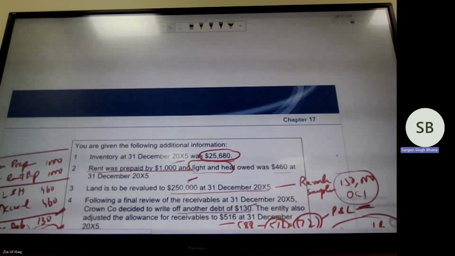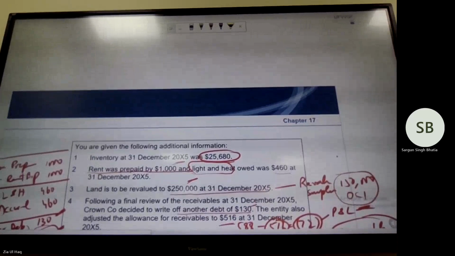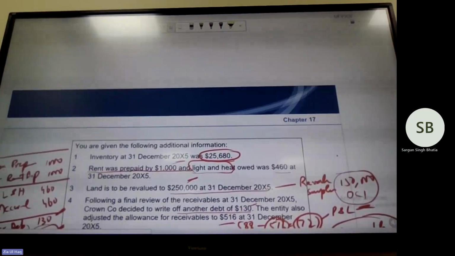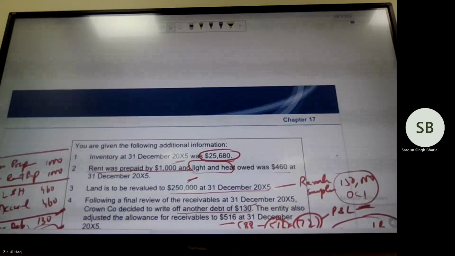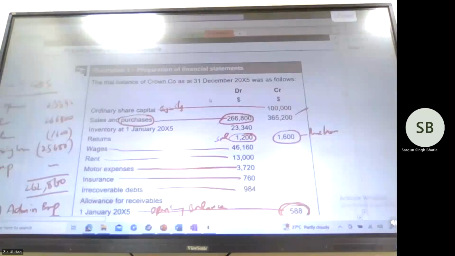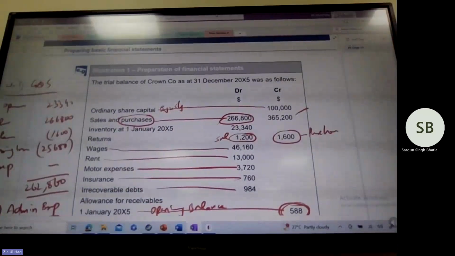Is the screen showing? No, sir, it's still stuck. Let me check. I think it's fine now.